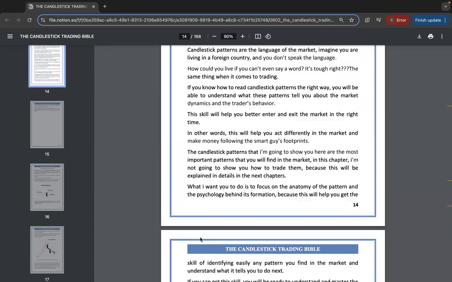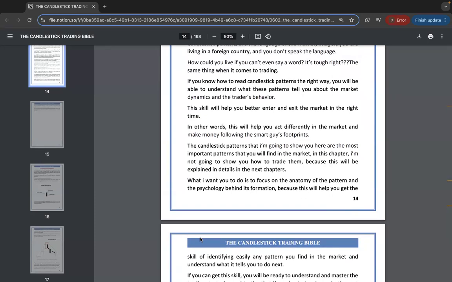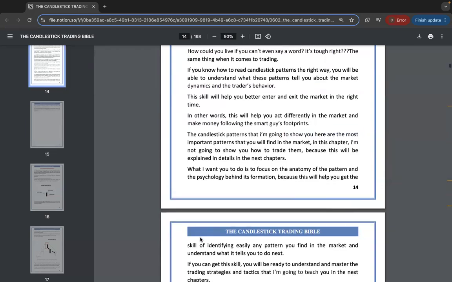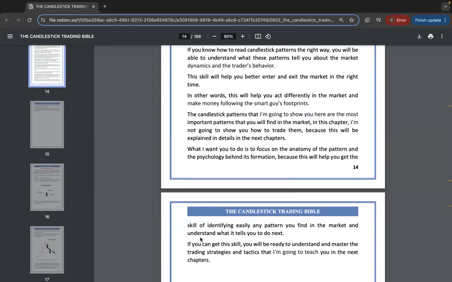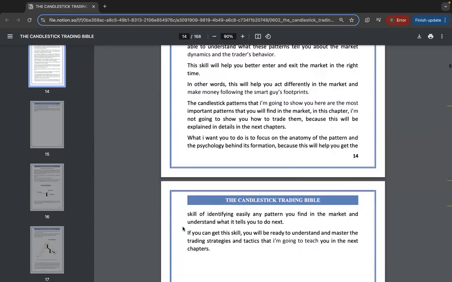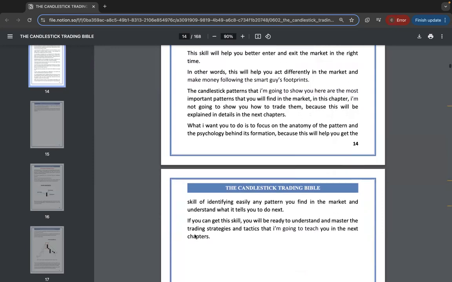What I want you to focus on is the anatomy of the pattern and the psychology behind its formation, because it will help you get the skill of identifying easily any pattern you find in the market and understand what it tells you to do next. If you can get this skill, you will be ready to understand and master the trading strategies and tactics that I'm going to teach you in the next chapters.